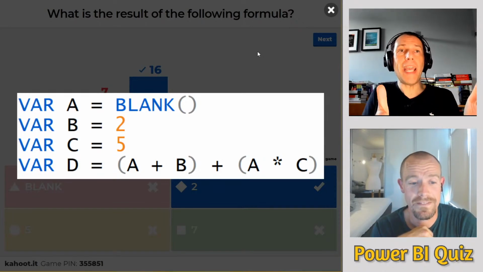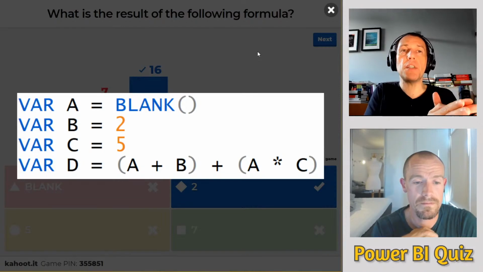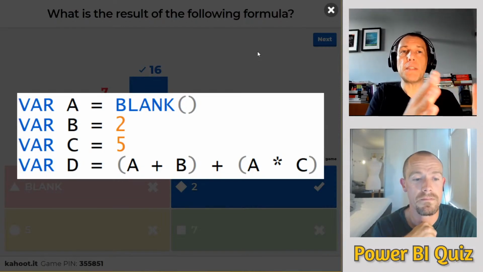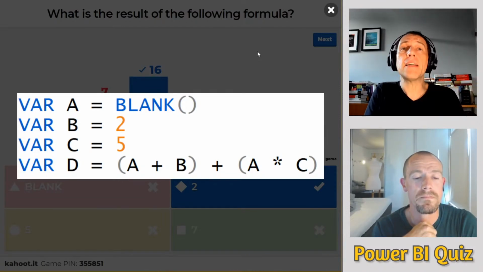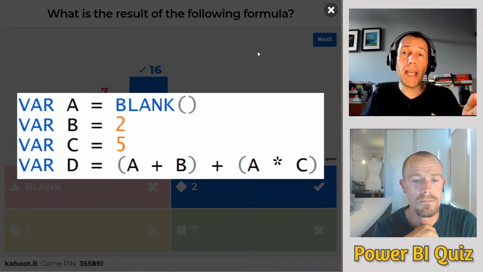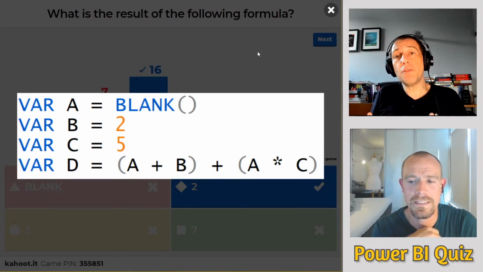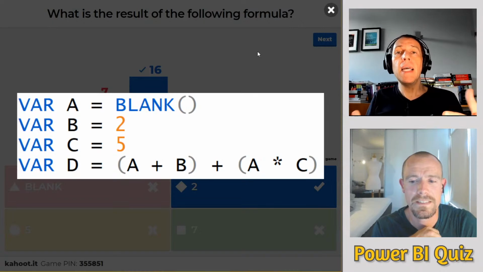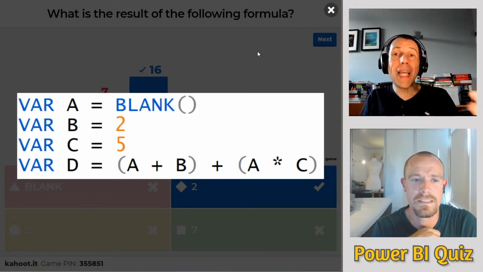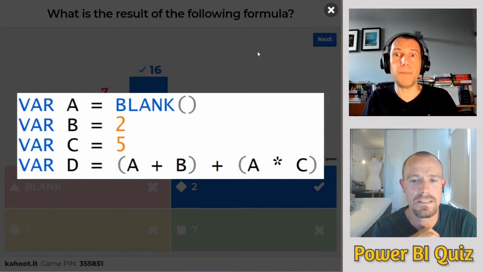So A, which is blank, is summed to B in the first part of the expression D. So we have A plus B is 2, plus A multiplied by C, which is blank. And 2 plus blank is still 2. So the right answer is 2. So this question is about how blank propagates in a DAX expression, which is different from the blank propagation that you have in other languages, like, for example, SQL.